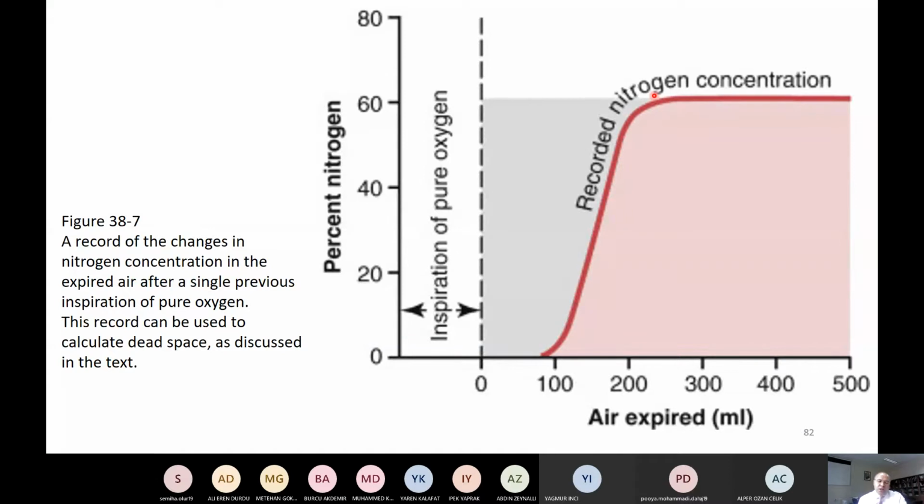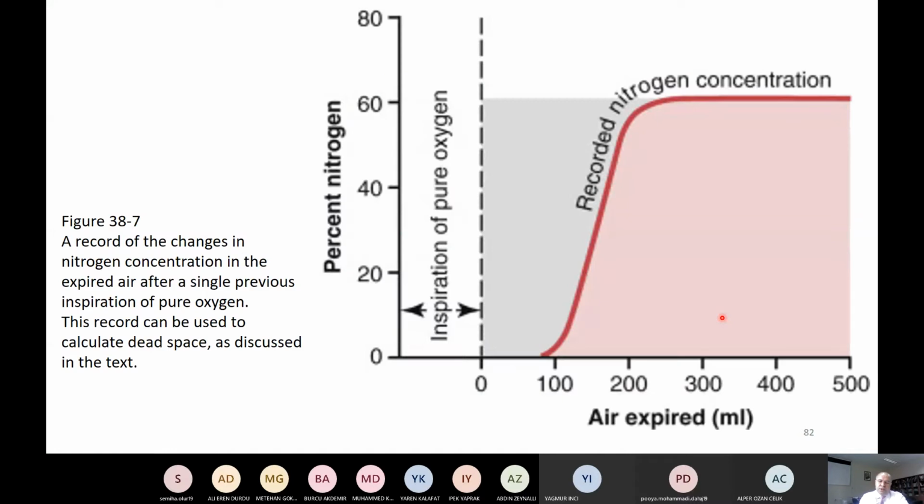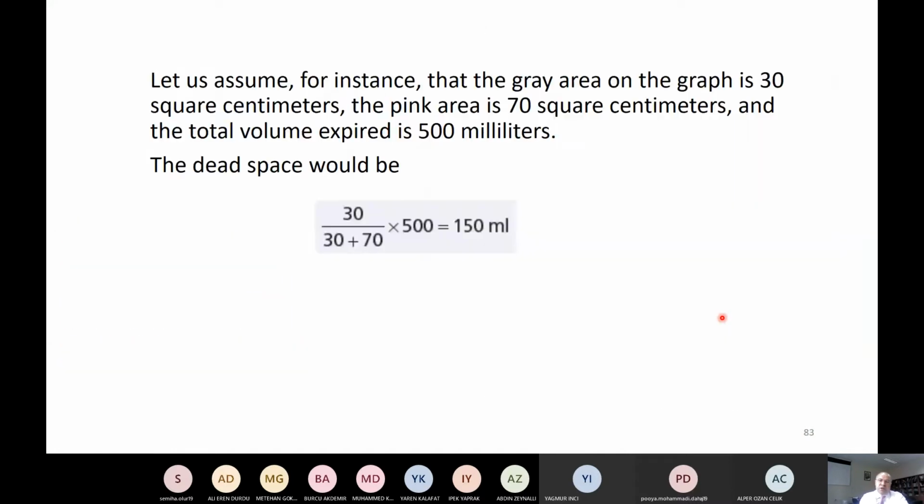In the alveoli there is already air, and in this air there is a high amount of nitrogen, so we can calculate the area of the gray area by the formula given here. Using this formula, we can calculate the dead space, all right, so that we will reach the dead space volume.